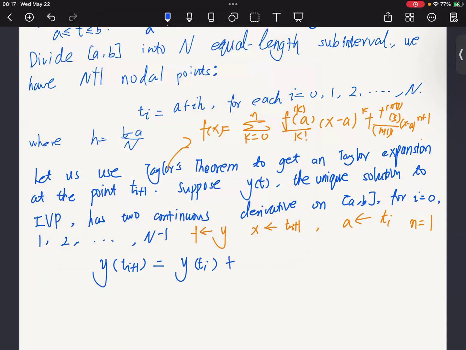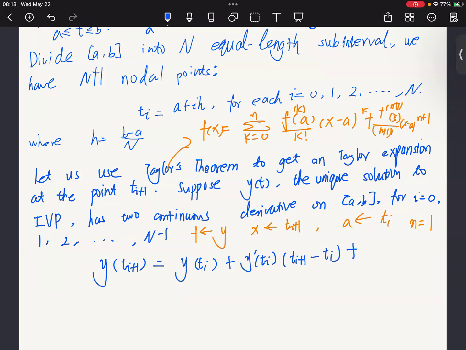So this is the first term, and the second term is the first derivative of y evaluated at t_i, divided by 1 factorial, which is just 1. So that is just the y derivative here, times (t_{i+1} minus a), and that is t_i.